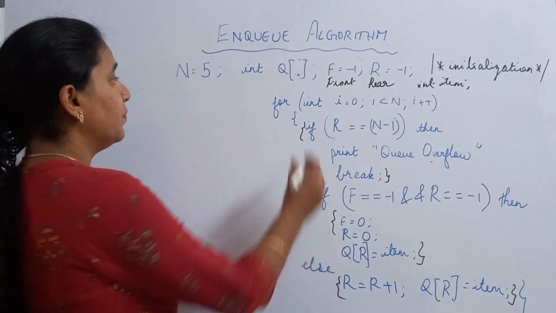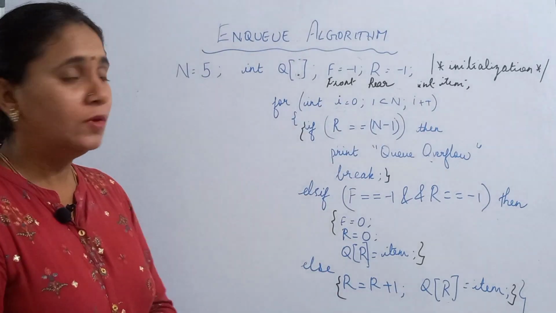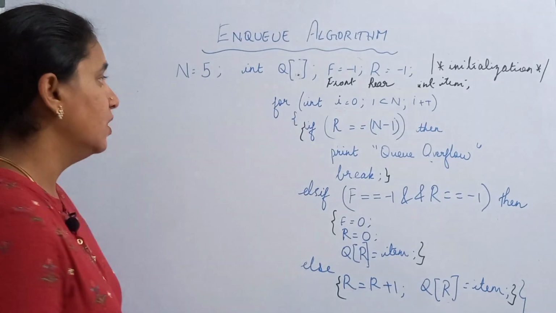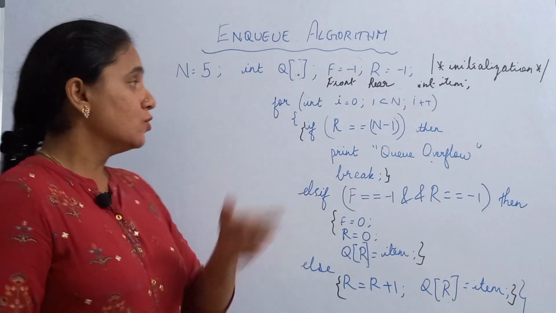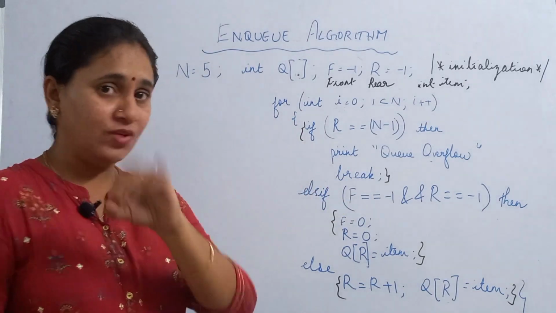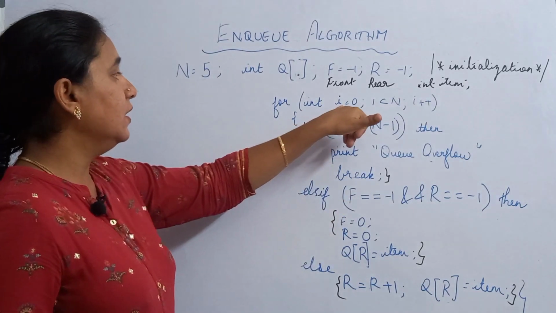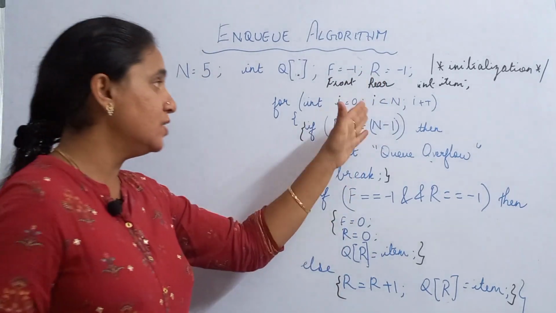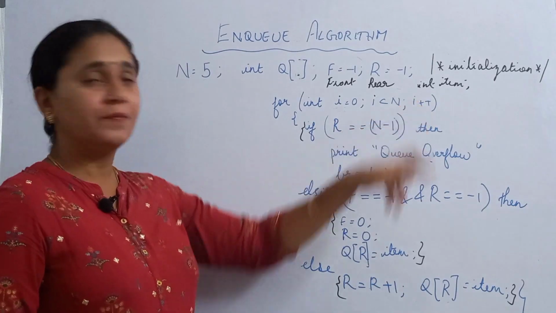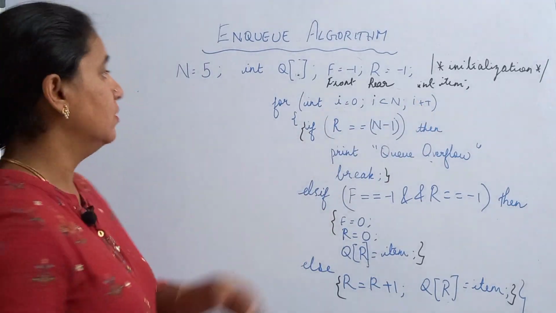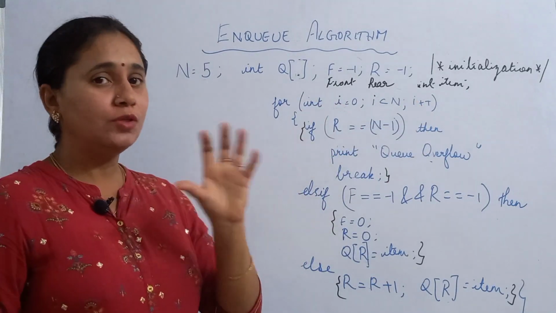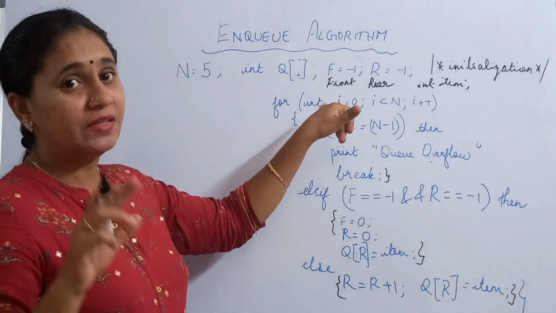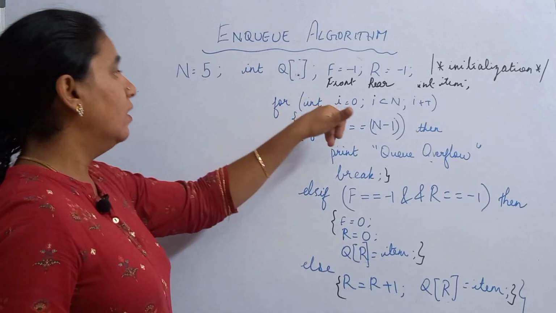Next, we are going to use a for loop for storing 5 elements inside the queue data structure. What is a for loop? A for loop has 3 parameters: an initialization parameter, a condition checking parameter, and an increment or decrement parameter. What is i? I am going to use an instance variable with data type integer.